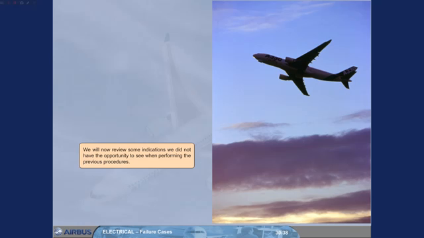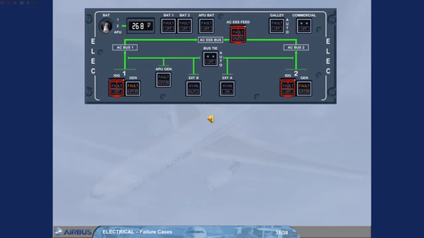We will now review some indications we did not have the opportunity to see when performing the previous procedures. As we have just seen, as a result of the loss of both main generators, the emergency generator normally runs automatically to power the electrical network.